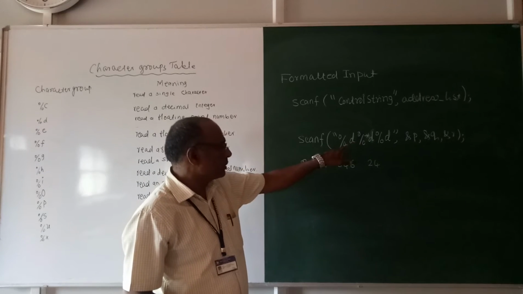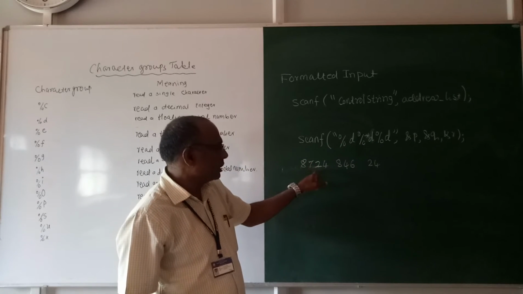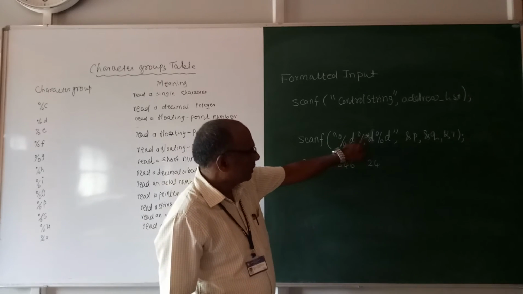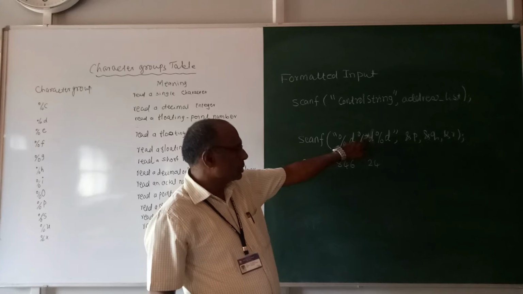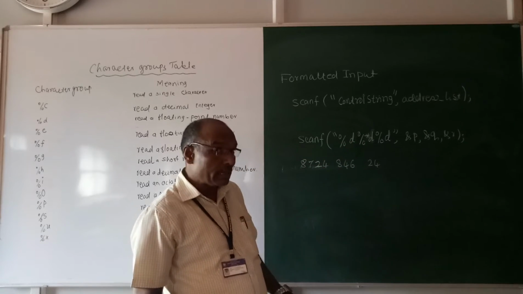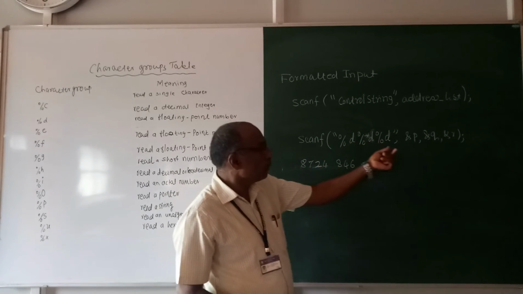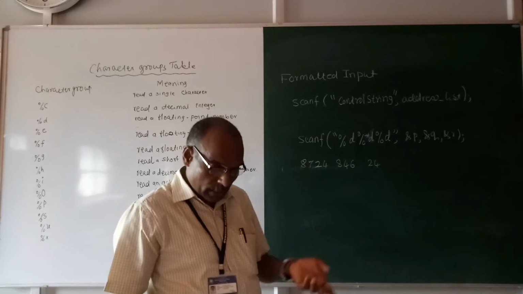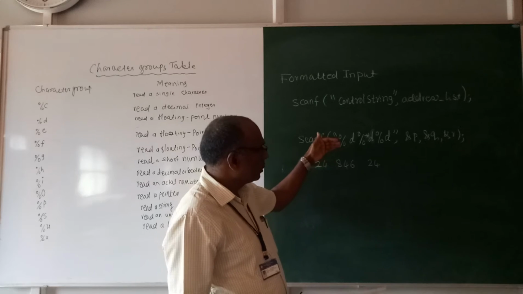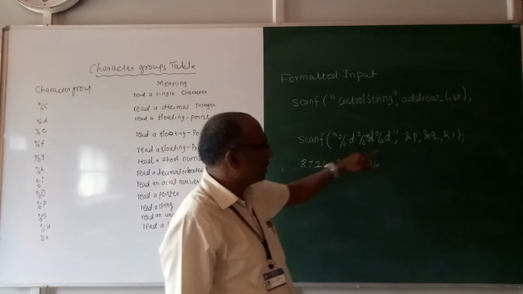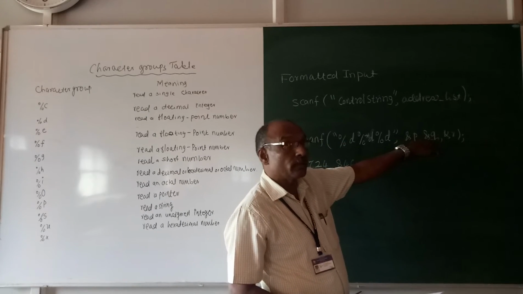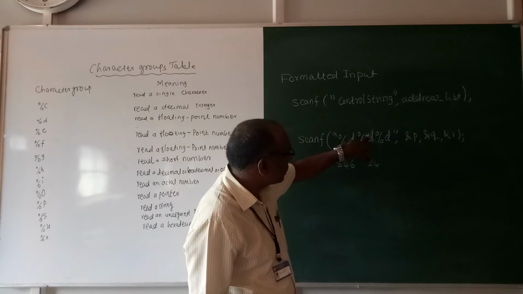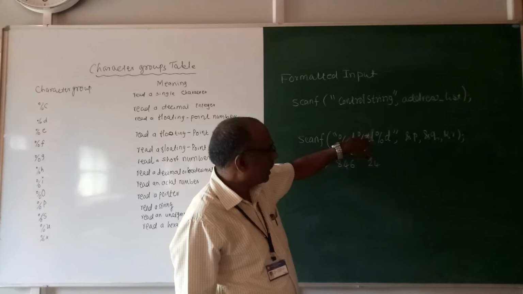That is, P is a decimal. We have given this. We have not specified. Here the asterisk is used. This asterisk indicates that the value of this Q variable is skipped, avoided. So if you don't want to assign a value to the variable, you want to skip it, you can insert an asterisk here.